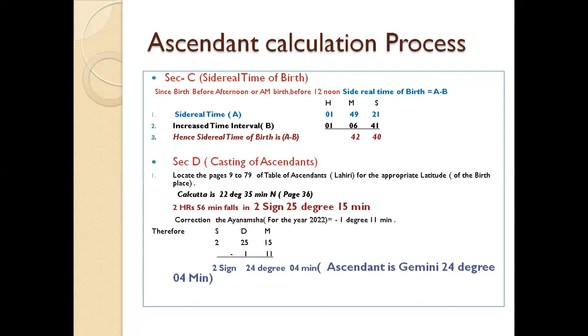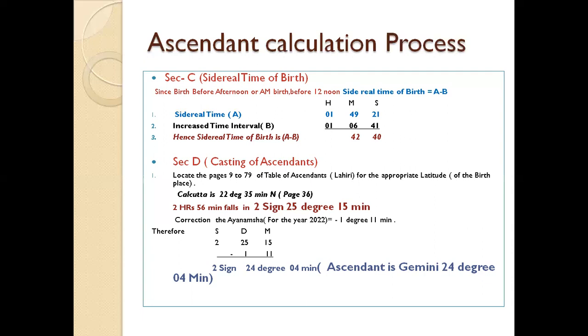Understood? Although the IST is the same, the local mean time of the starting point of the day, when the face of the earth is towards the eastern horizon, is Aries Lagna, which is the sidereal time. We both have Aries as the rising Lagna.